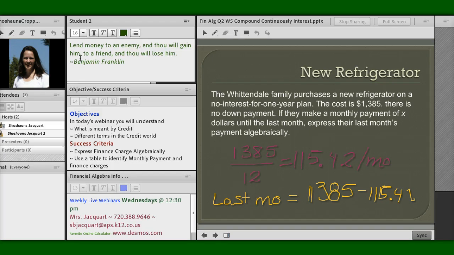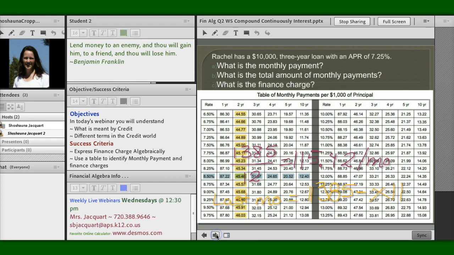Oh, let's back up. I know my battery's low. So minus, we're going to put x times 11. I kind of put that backwards, because we would have paid 11 months already, right? So your last month equals 13.85 minus 11x.